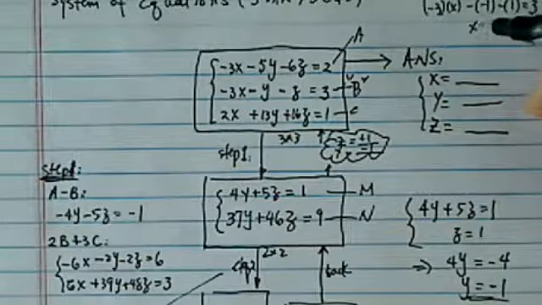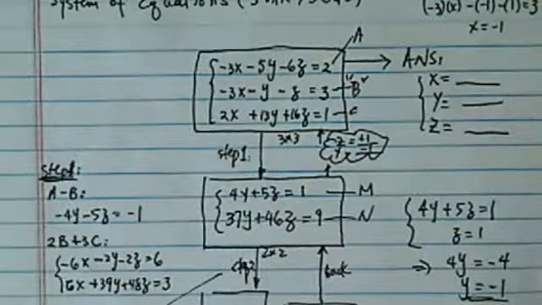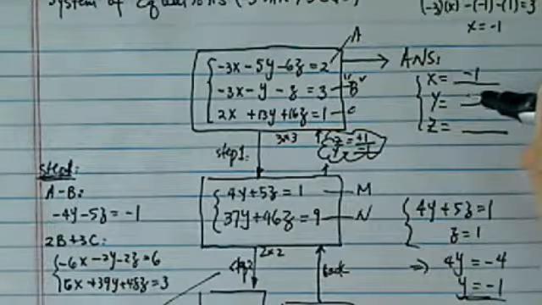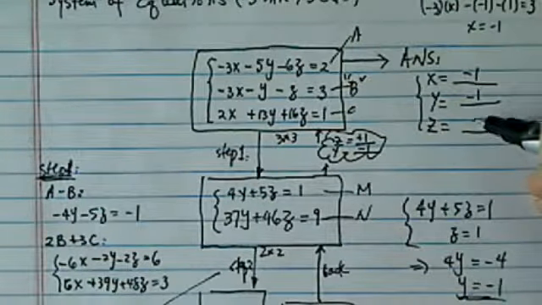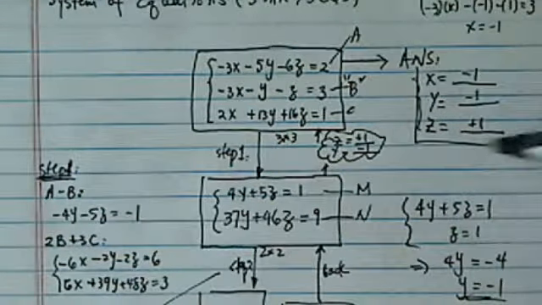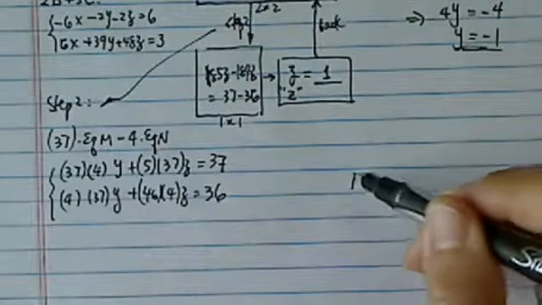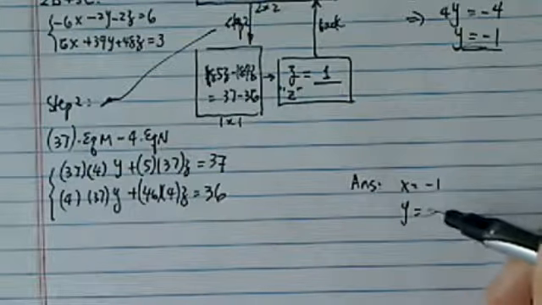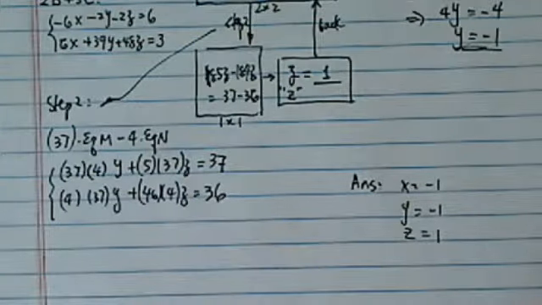And solving here, x equal to minus 1. Okay, got all my ducks lined up now. Here's my answer block. Answer block says x equal to minus 1, y equal to minus 1, z is equal to 1.